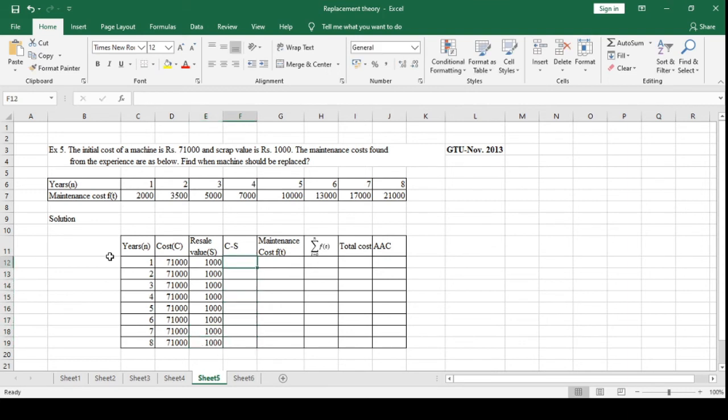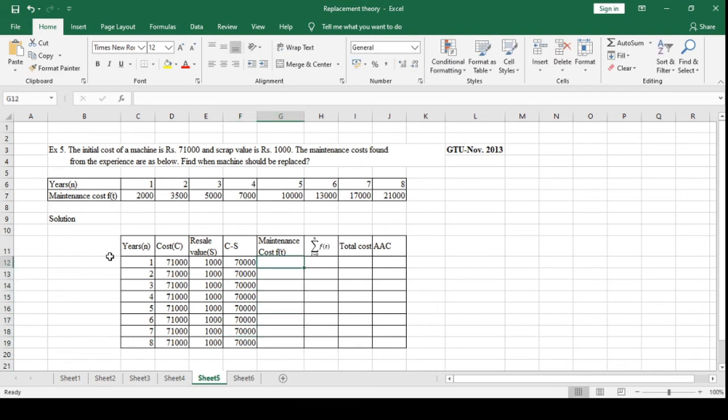Now we need to find out cost minus resale value, that is C minus S. You can observe from this example that this is much easier compared to the other example that we have solved, because instead of different resale values, scrap value is directly given to us. So our value for C minus S will also remain constant, that is 70,000 for each and every year. So write down 70,000 in each and every year.